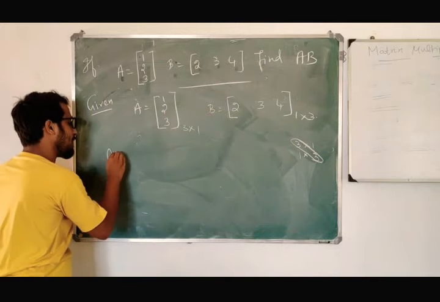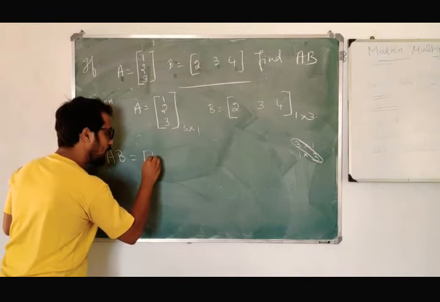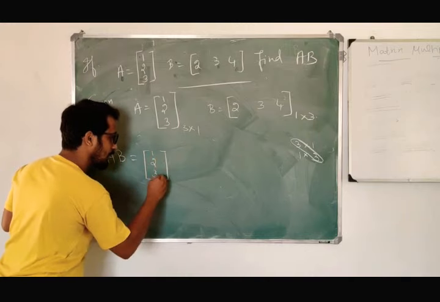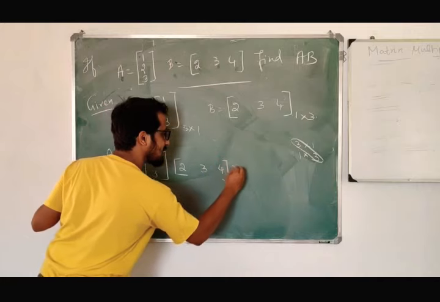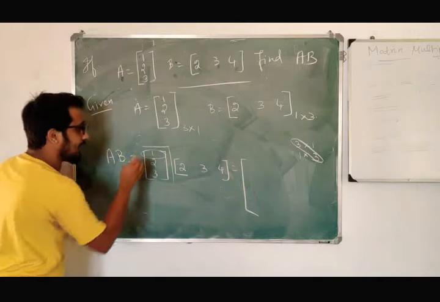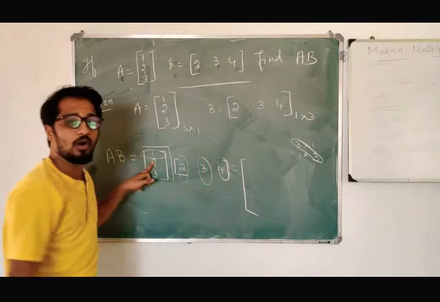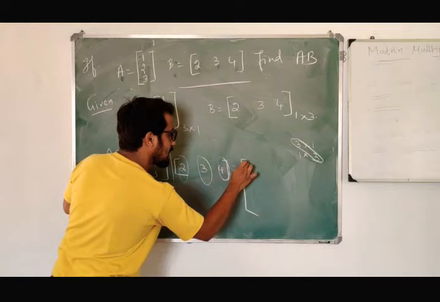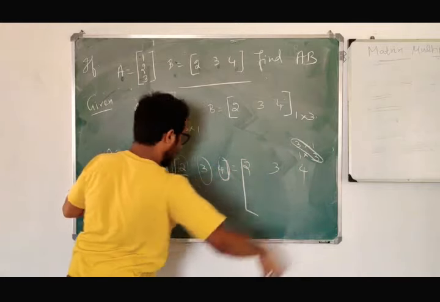After multiplying, AB is equal to 1, 2, 3 and another matrix 2, 3, 4. That is the B matrix. After multiplying, listen carefully. First, the entire row I have to multiply with the entire 3 columns. Yes or no? So 1 into 2 is 2. 1 into 3, 3. 1 into 4, 4.